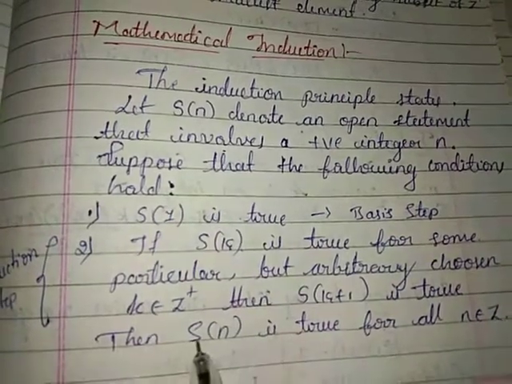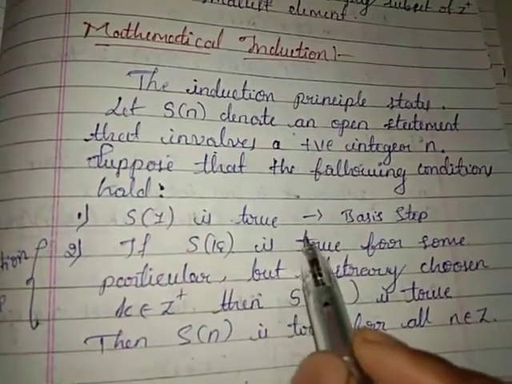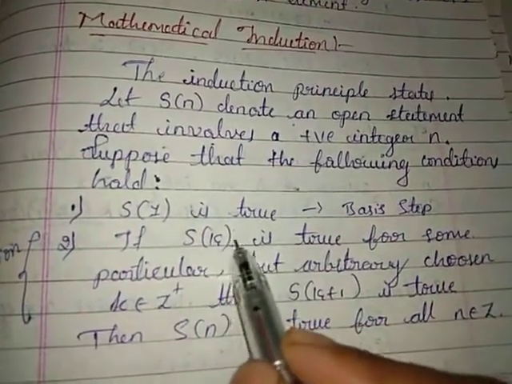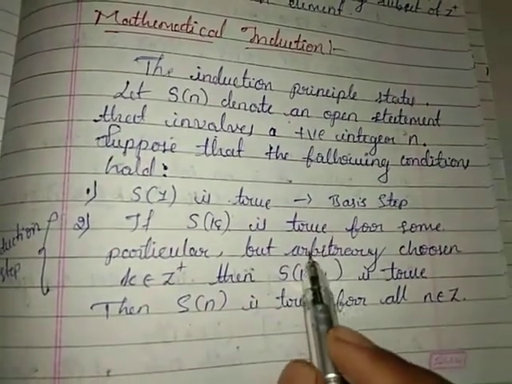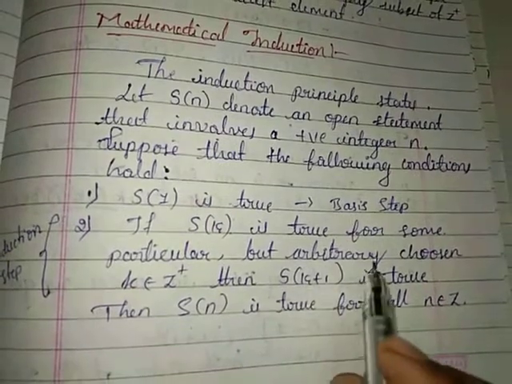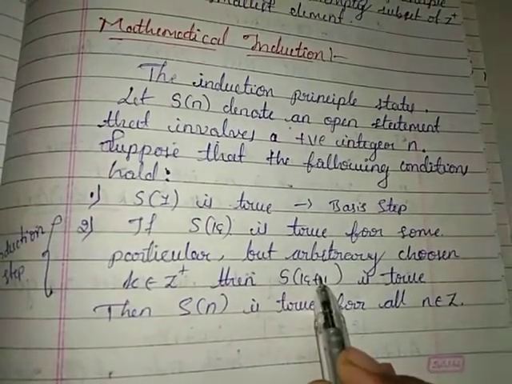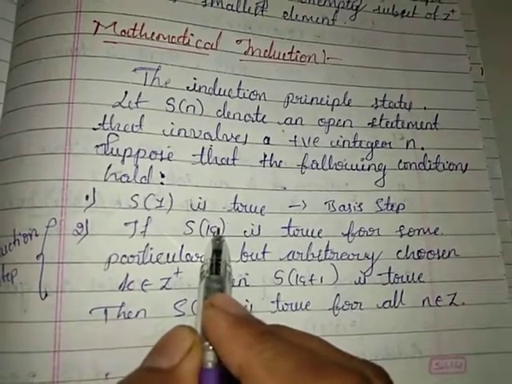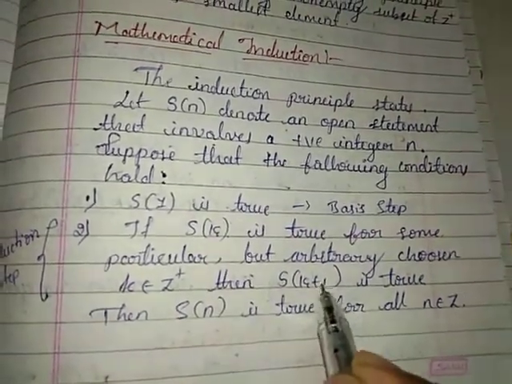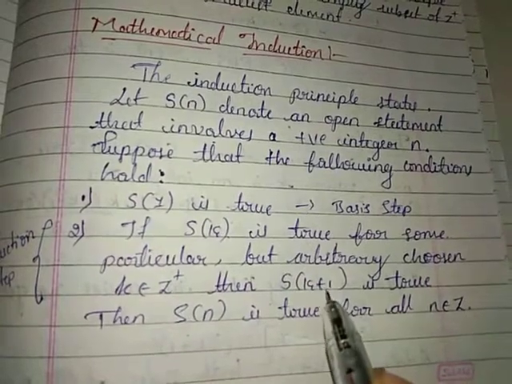Next is the induction step. We first have to assume that the given statement is true for n equal to k, and then we have to prove that the statement is true for n equal to k plus 1. By assuming the statement is true for n equal to k, we prove it is true for n equal to k plus 1.